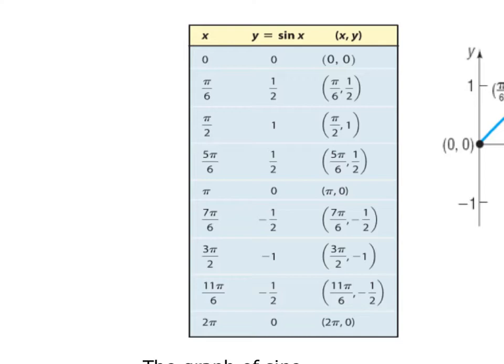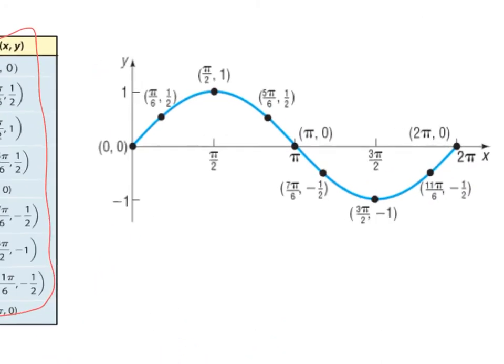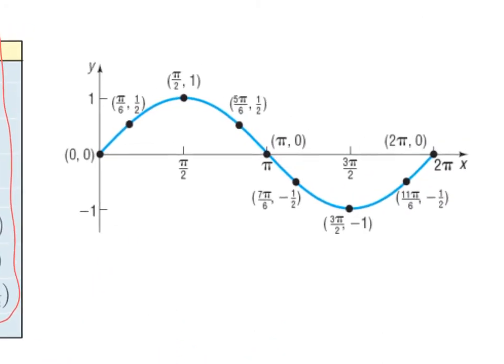If I put in 0, 0 comes out. I put in pi over 6, 1/2 comes out. I put in pi over 2, 1 comes out, and so on. The ordered pairs that I'm going to write on my xy plane are here. So I am going to put those on my xy plane as ordered pairs. And what I end up with is this graph right here. This is what the sine wave looks like.